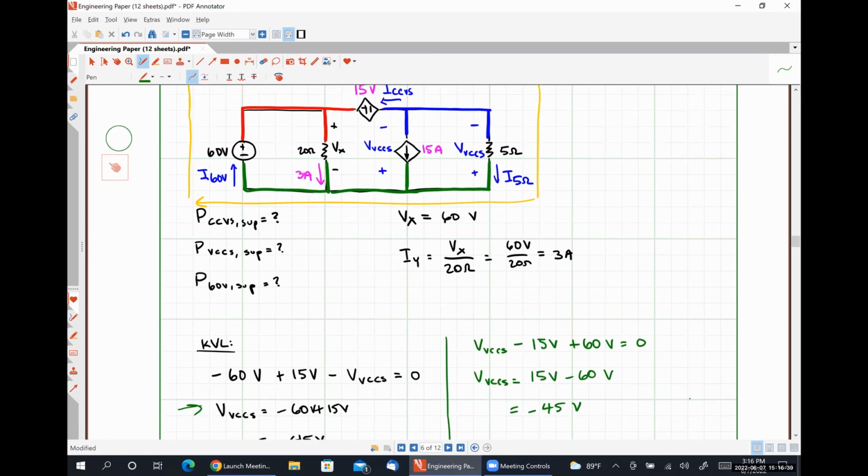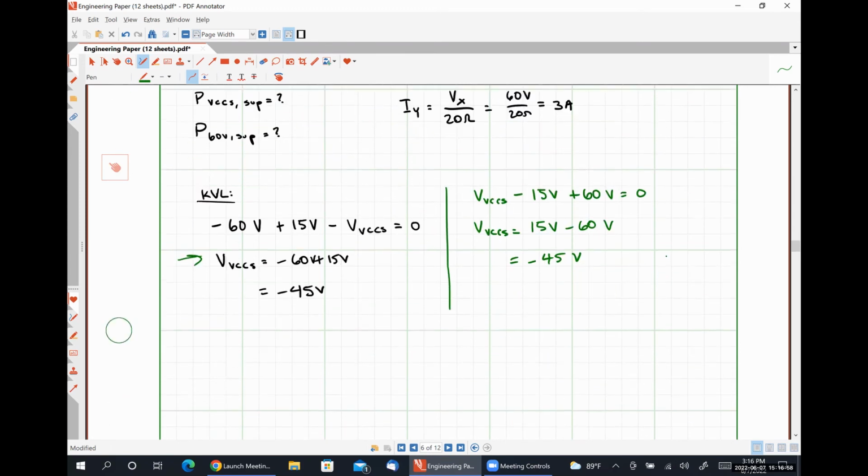All right, so now that we know this voltage VCCS, we can determine our power supplied by our voltage controlled current source. Right?